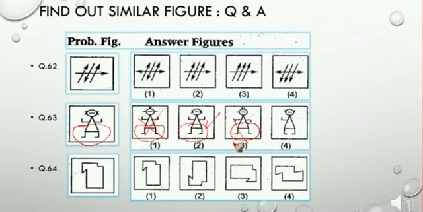It's not matching. Option 4 is completely wrong because these lines are not the same as the problem figure. So now which option is available with us? Only option 2, which is going to be the correct answer.